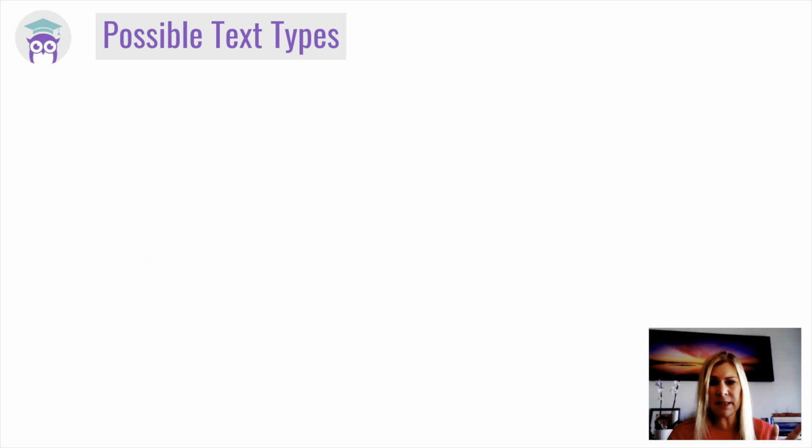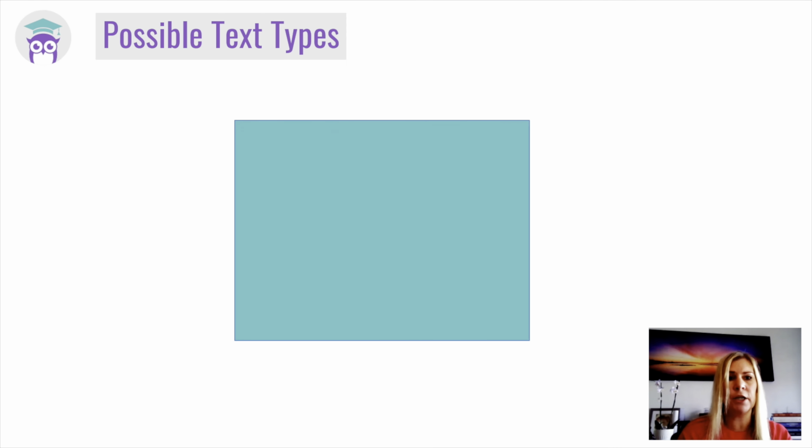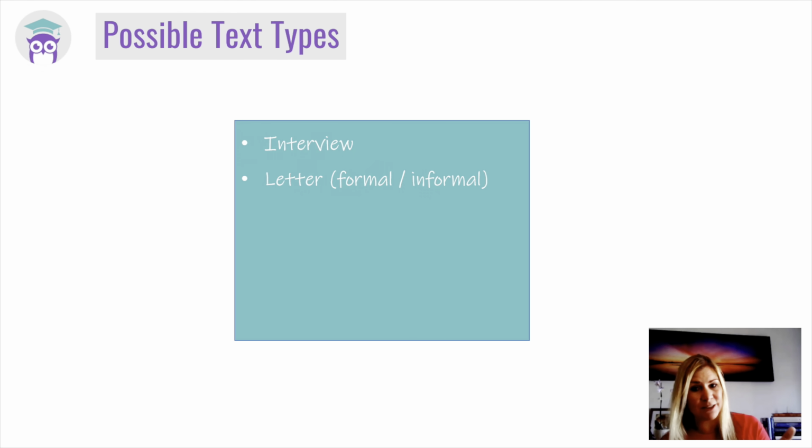So I'm going to take you through some possible text types that you could get in this exam. It's not exhaustive, but it's a good guide. So the first one, as you've just seen before, is an interview. You might get a letter. That could be a formal letter, like write a letter to the local government, or it could be an informal letter, write a letter to your parents. And that will determine how you write it.